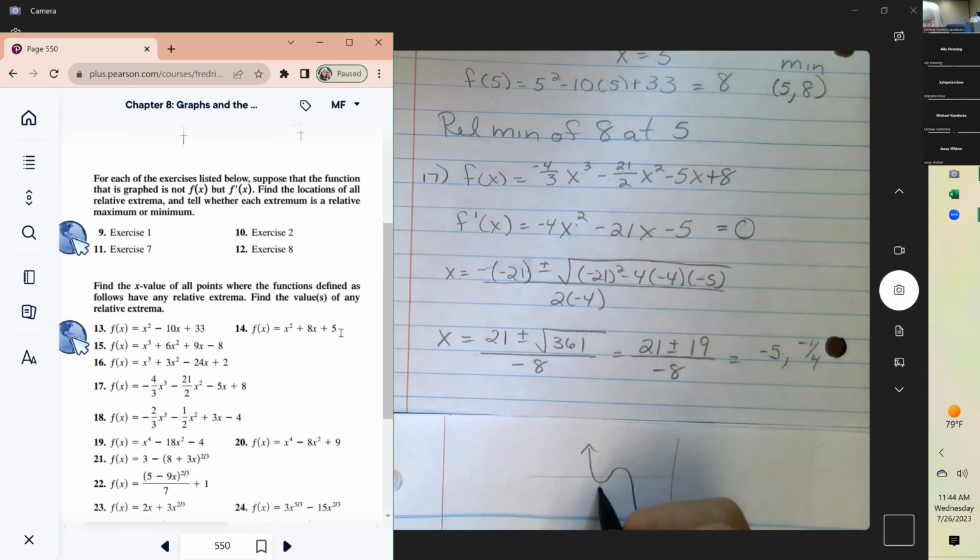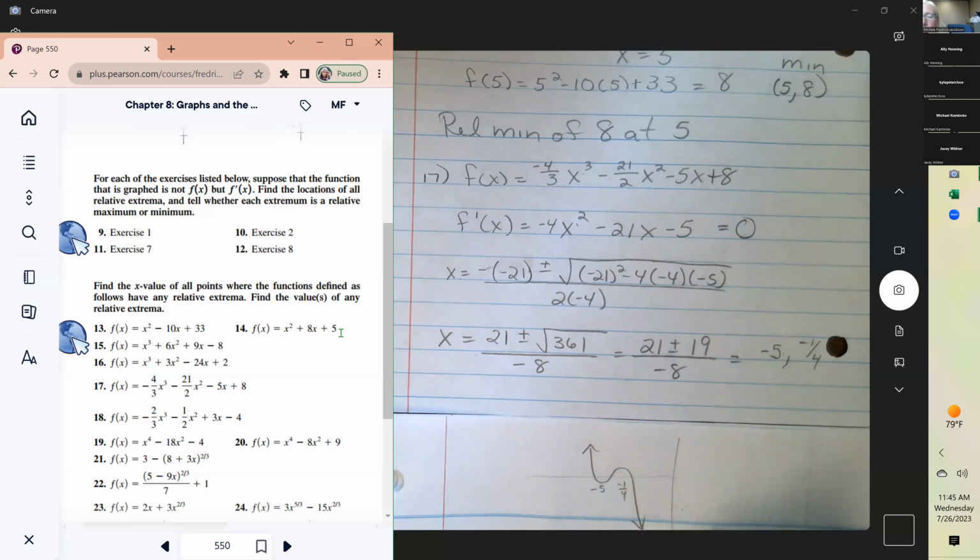This is going to hit at negative 5, and this is going to hit at negative 1/4. So this one's going to give us a min, and this one's going to give us a max. So if you are comfortable with your graphs, you can see it just by the graph. Or you can graph it and you'll also see it either way.